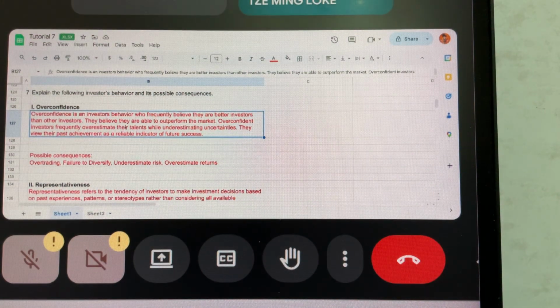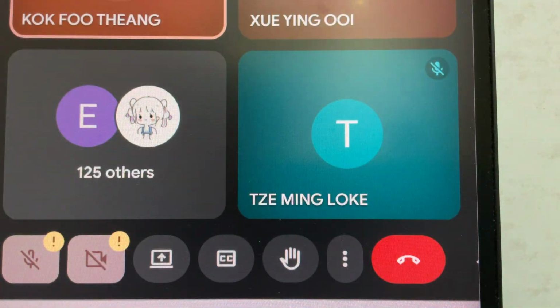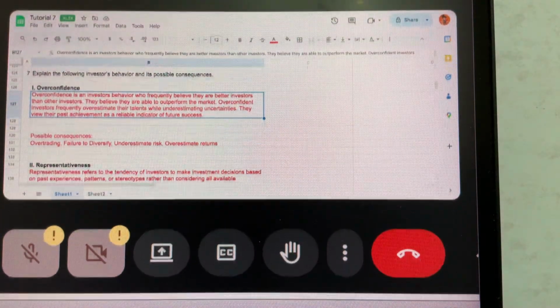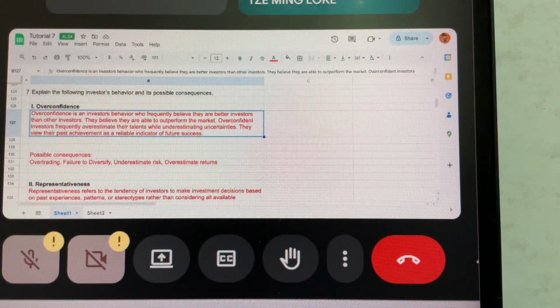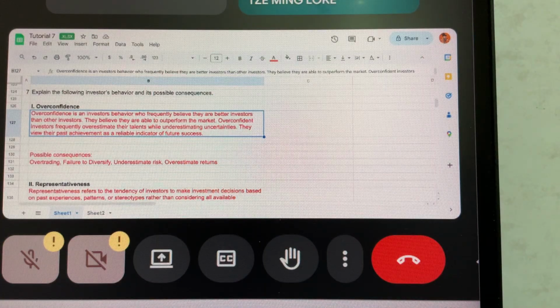And they overestimate their own ability and they underestimate the risk. So they will be looking at some of the past history. Then they will be telling you, you see, last week I did this, I made money. The previous week I did this, I made money. They've forgotten there's this thing called luck.